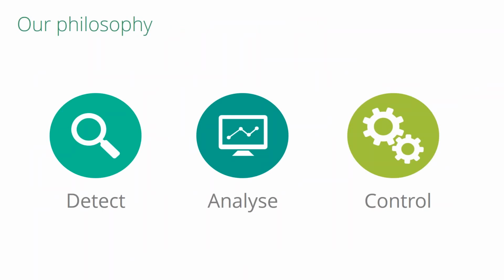Our philosophy at Dexma is that energy management is really made up of three parts. These are the three steps to holistic energy management: detect, analyze, control. So what does that mean? Detect is really understanding what's going on with your energy. How should you set up a baseline? What kind of assets do you have that are using energy? To get an overview of your situation, you need to detect your assets and see what's going on with your energy.